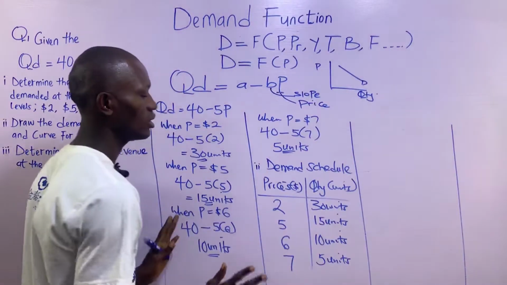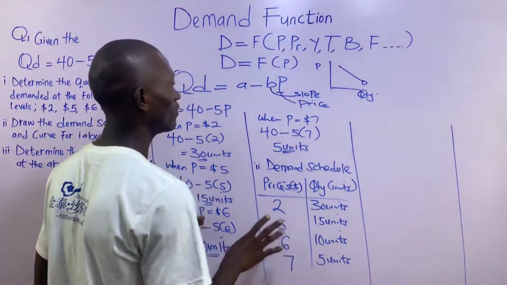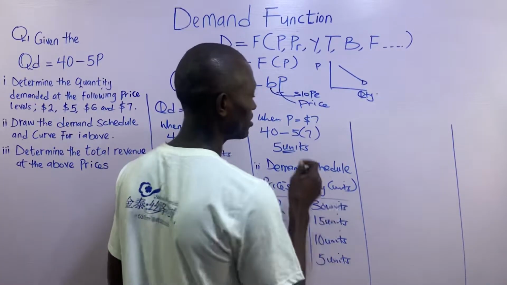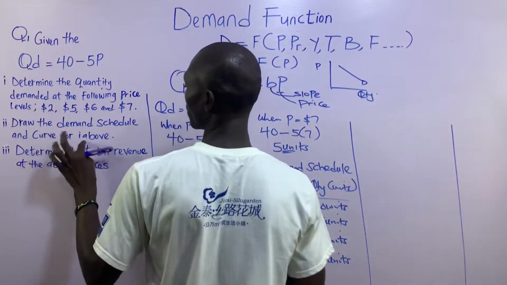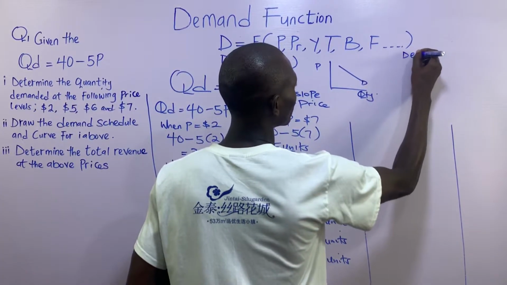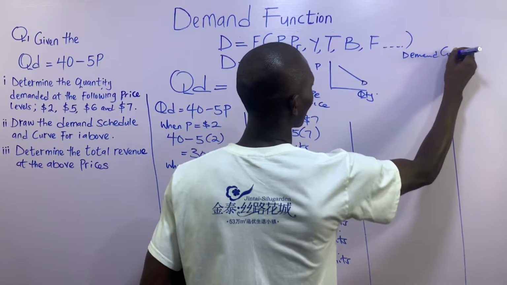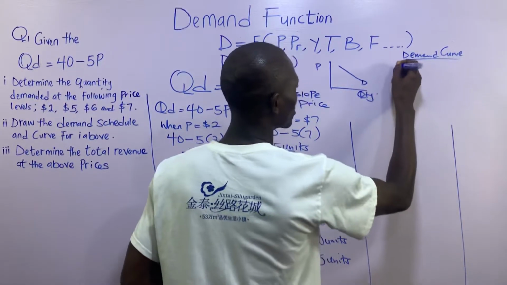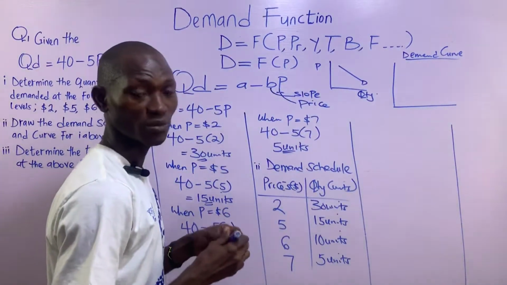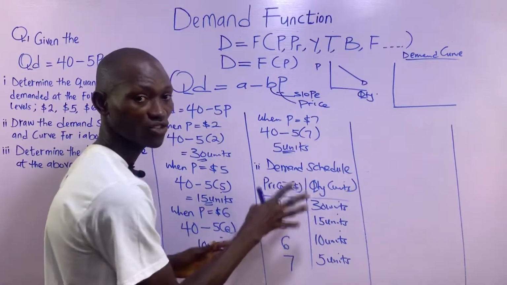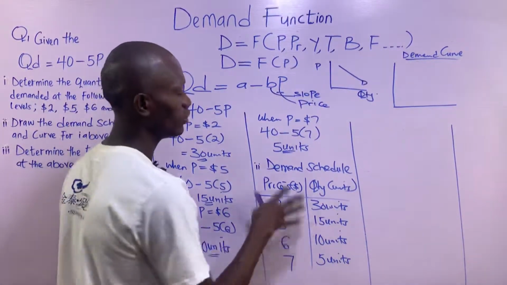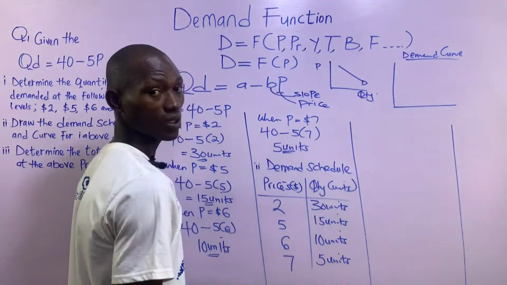So we're going to be drawing the demand curve, which is also part of the B, Roman figure 2 part of the question. A demand curve is simply a graphical representation of the demand schedule. So if we put this demand schedule in a curve, we call it a demand curve.